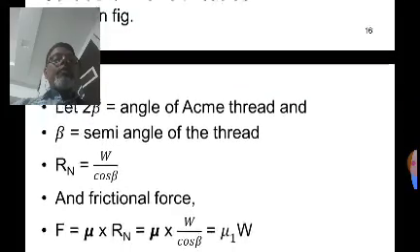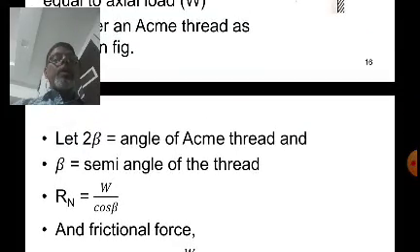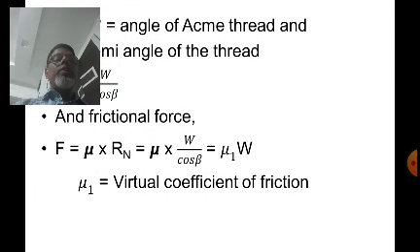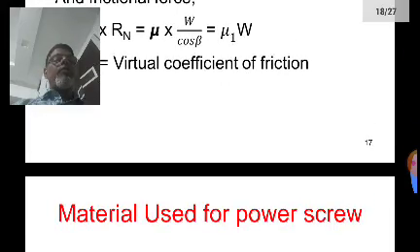Therefore Rn is equal to W divided by cos beta, the semi angle of the thread, and the frictional force is mu into Rn, that is mu divided by cos beta into W, which we can write as mu 1 into W, right? So mu 1 is the virtual coefficient of friction.